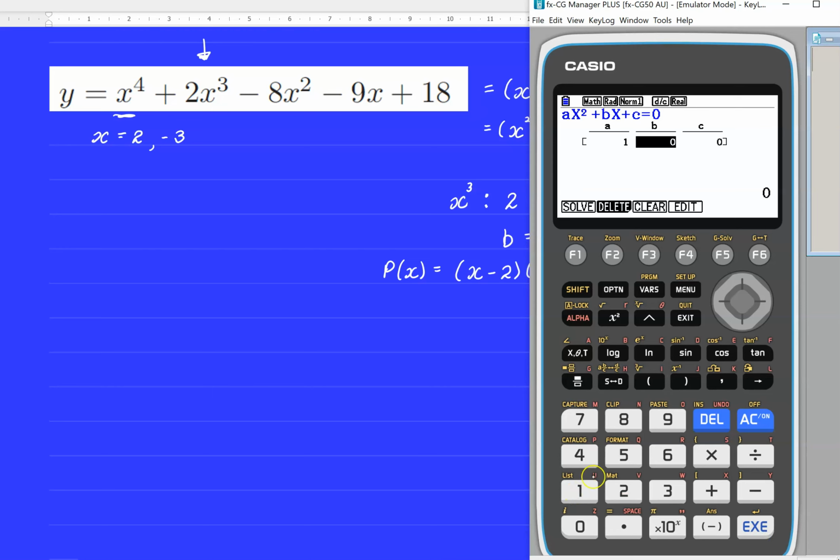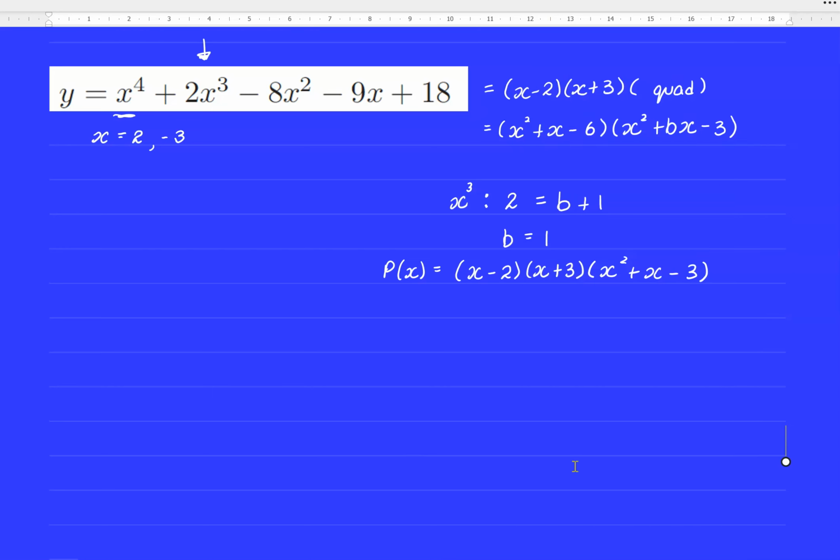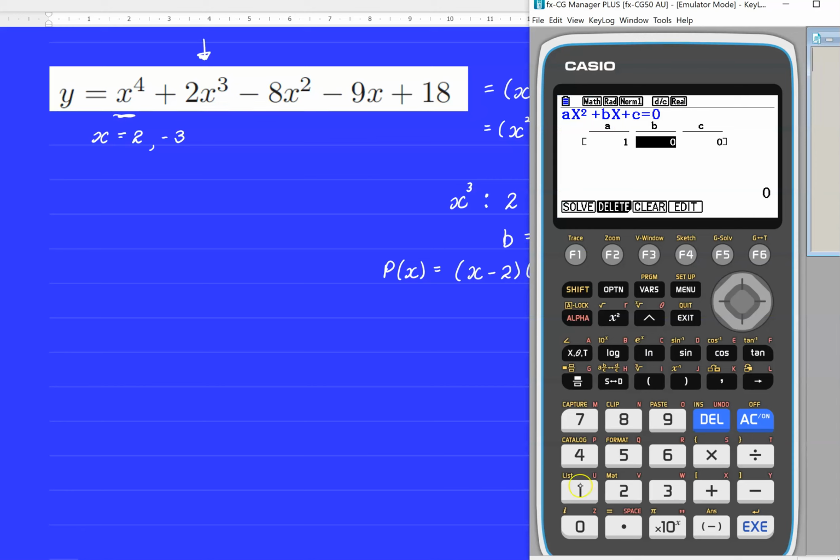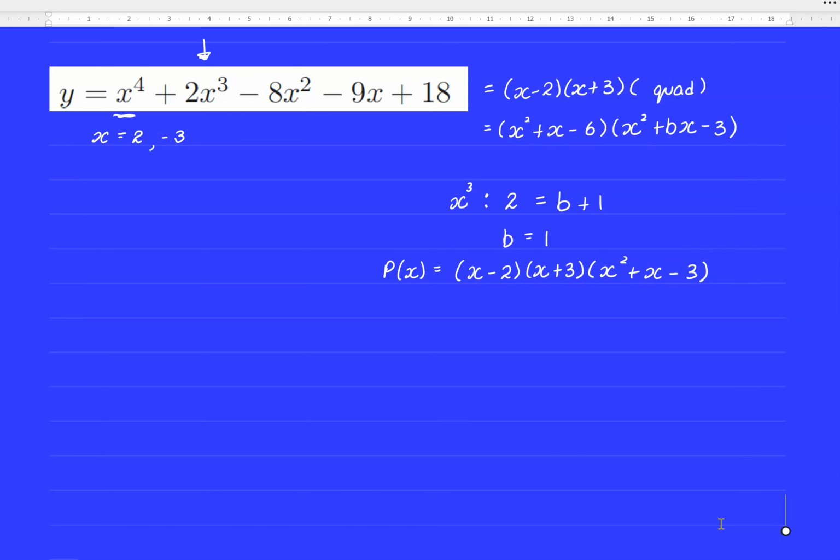It was 1, oh geez, forgot that already. 1, 1, minus 3. Okay, so 1, 1, minus 3 and solve, and we get these. So we've got -1 plus or minus root 13 on 2. So these are now my zeros. And I have solved, and I've given it in exact form.